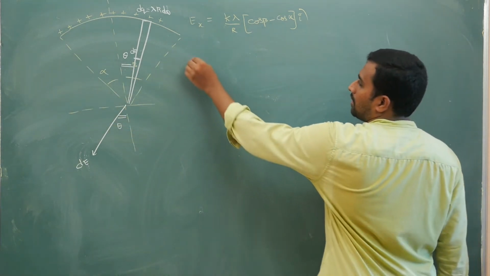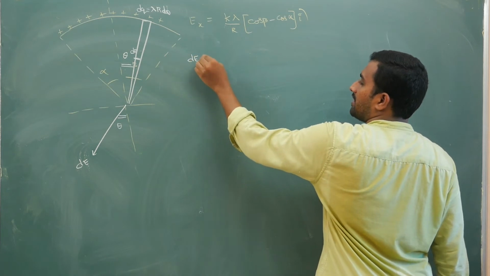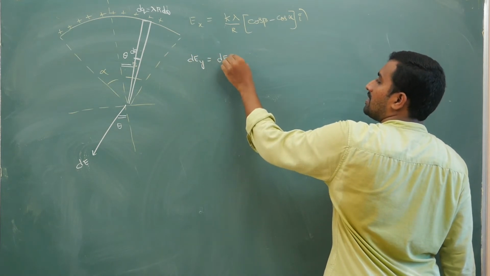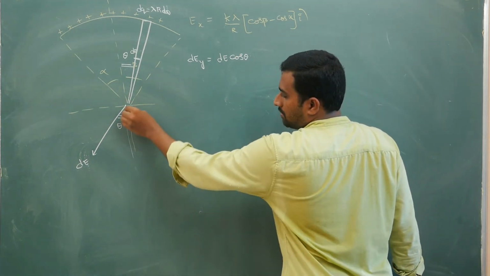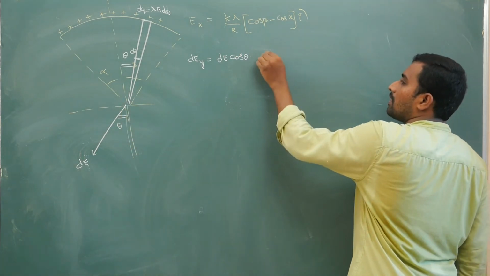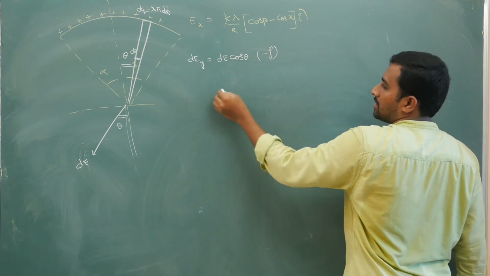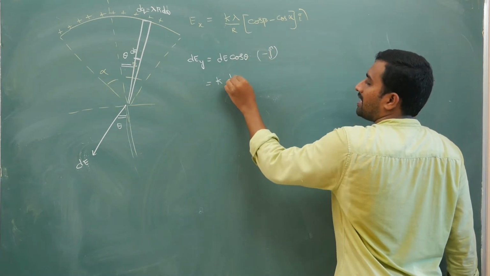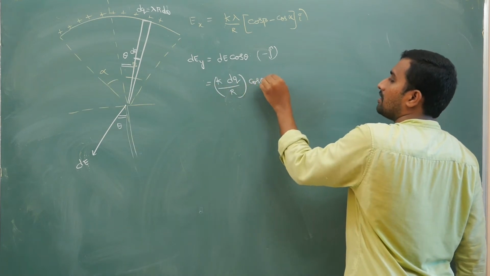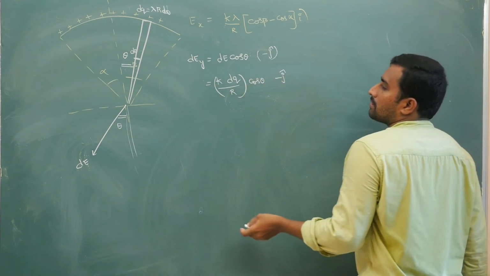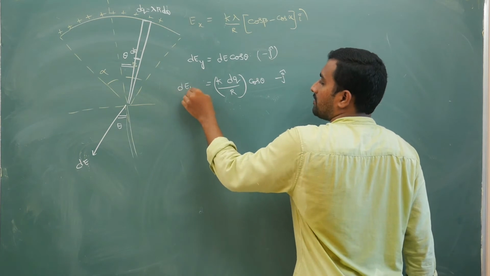So your small electric field along the y direction is dE cos theta, because this is your y component, that too along the minus j cap direction. That will give you k times small charge dq by r square times cos theta minus j cap.